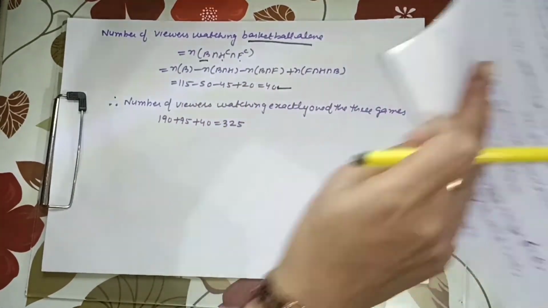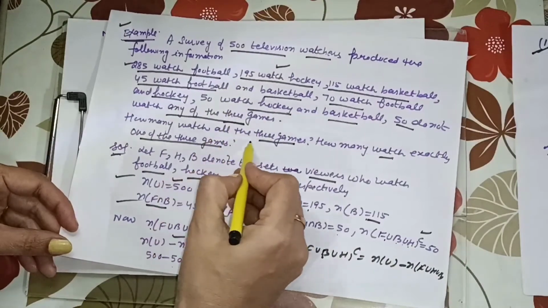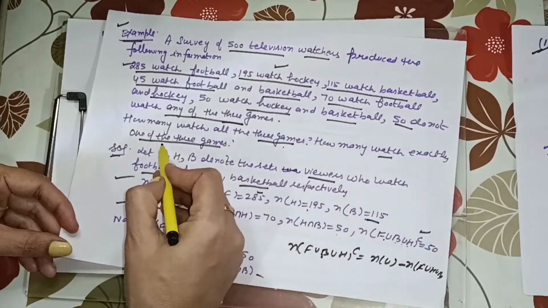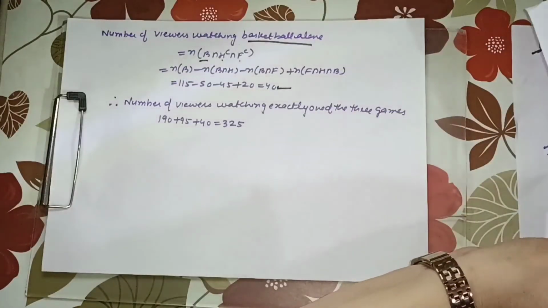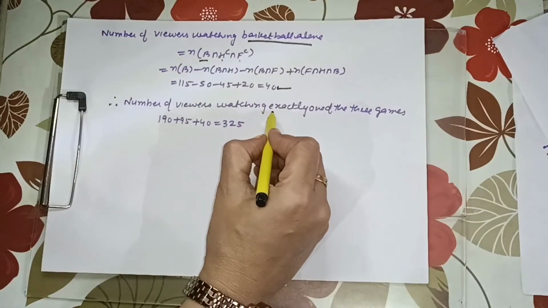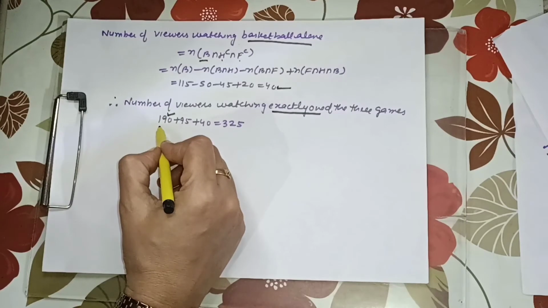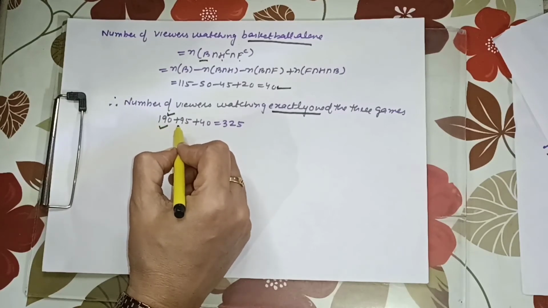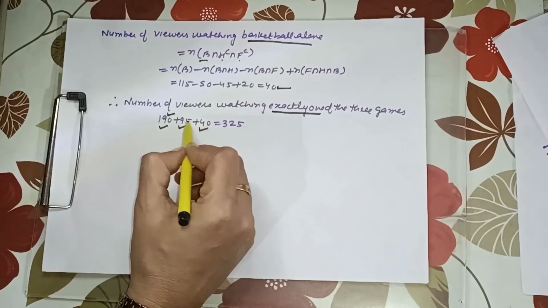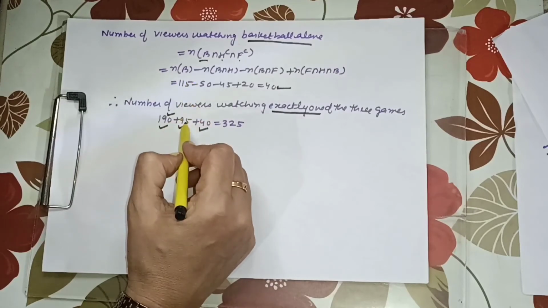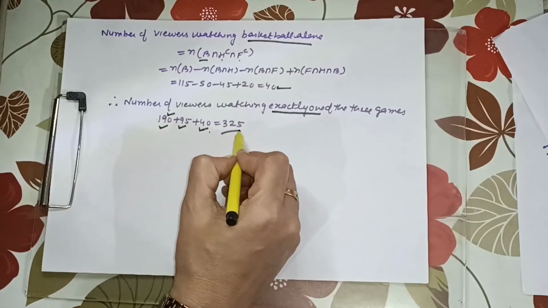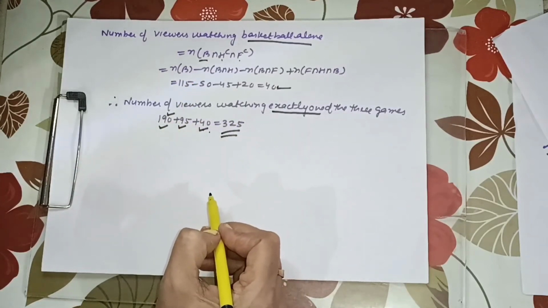But in the question it is mentioned: how many watch all the three games, how many watch exactly one of the three games. When there is the word exactly, we have to take hockey only, football only, and basketball only. We calculate all of these and add them, then we get exactly one of the three games.